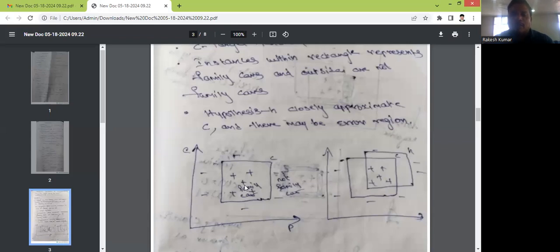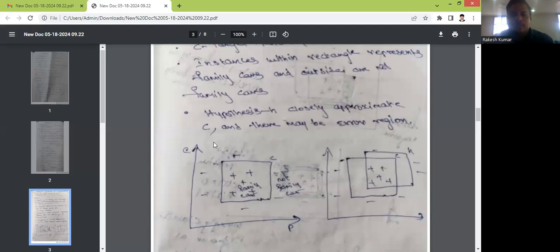Accordingly, the machine, based on the data sets we train it with, will predict and show the results.